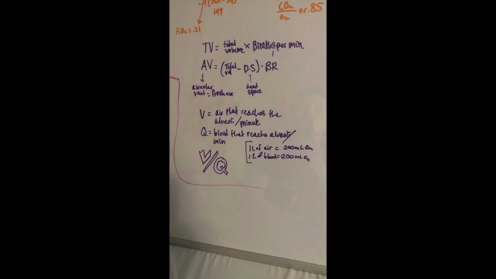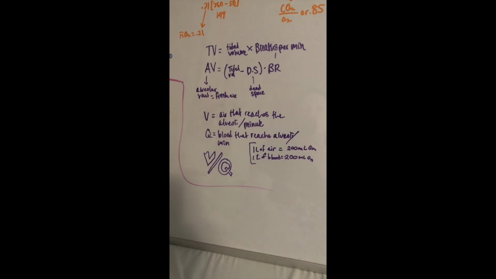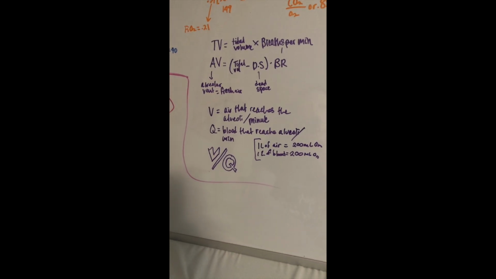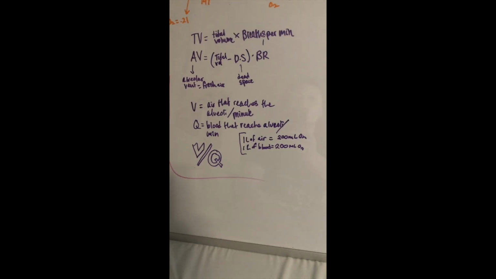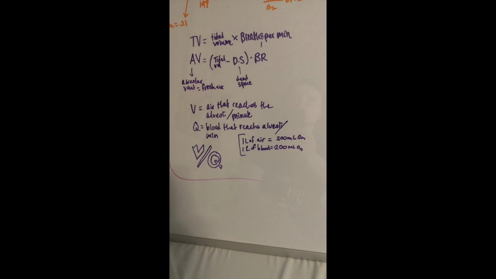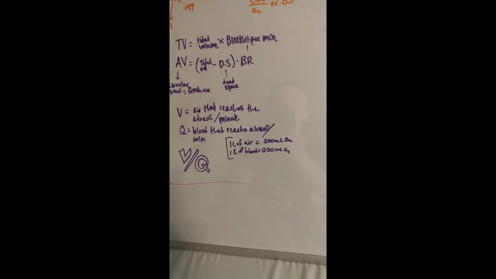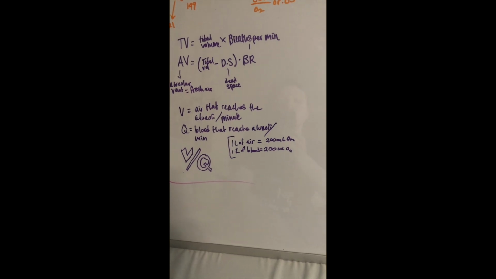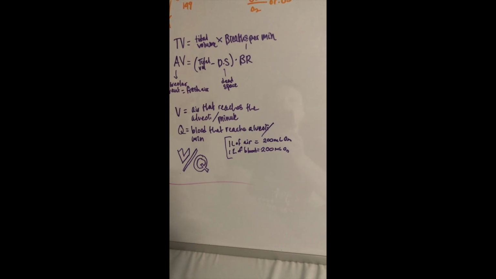So V is the air that reaches the alveoli per minute, and Q is the blood that reaches the alveoli per minute. So we do the equation of V divided by Q, and when we're done with that, we get 1 liter of air equals 200 milliliters of oxygen, and then 1 liter of blood gives you 200 milliliters of oxygen. So that's kind of our constant.